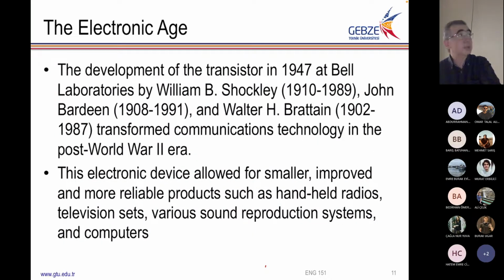When did electronics start? The term electronics comes from the electron. The transistor was developed in Bell Laboratories by Shockley's experiments in 1947.